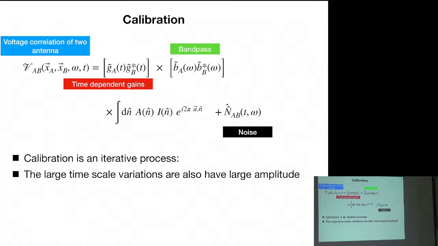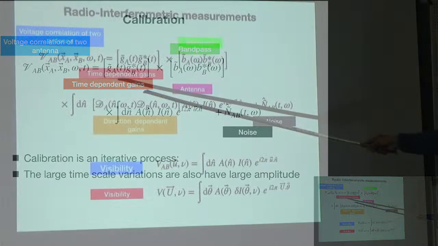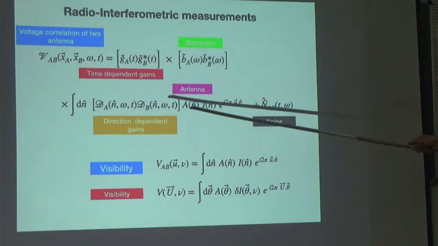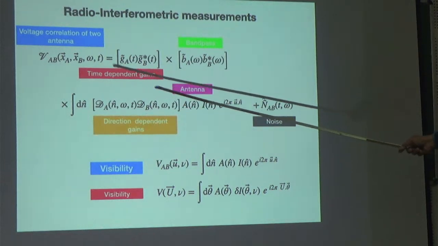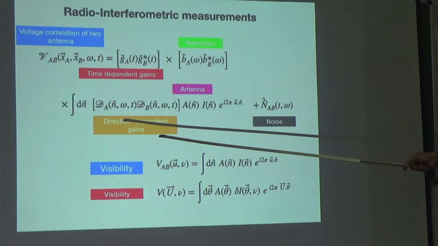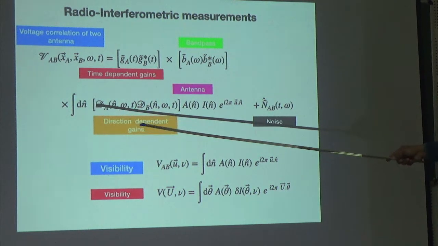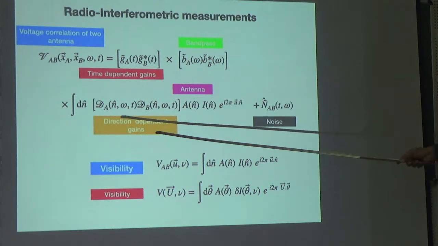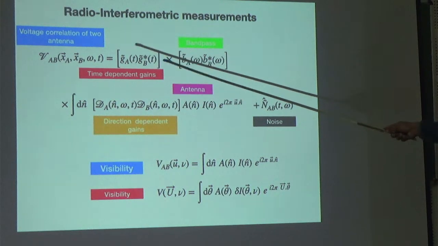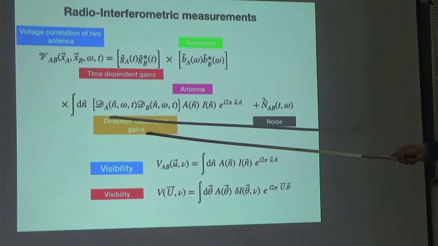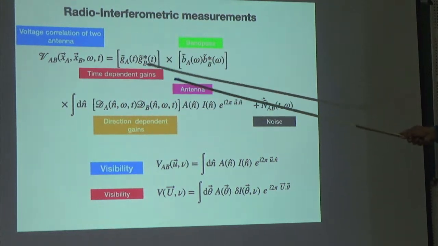So if I go back, here the gains can have variations at smaller time scale, larger time scale. These can have variations at smaller time scale, larger time scale. First thing is that even in the case of low radio frequencies, the effect of these gains is much smaller than the effect of that gain, which means this will be closer to 1 compared to this.